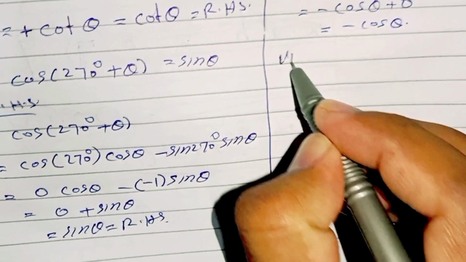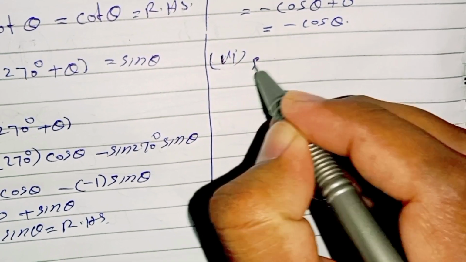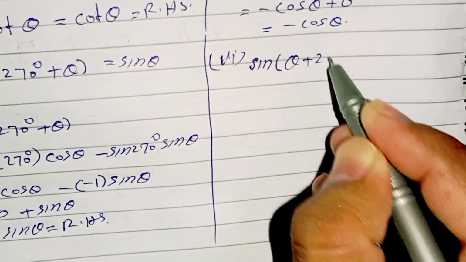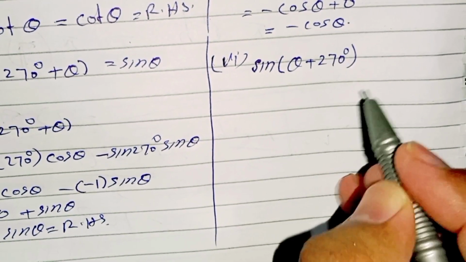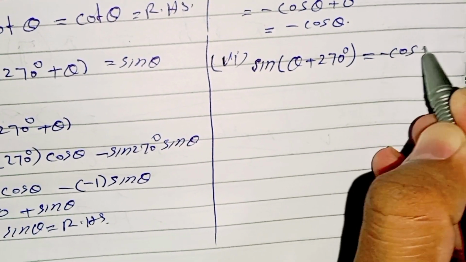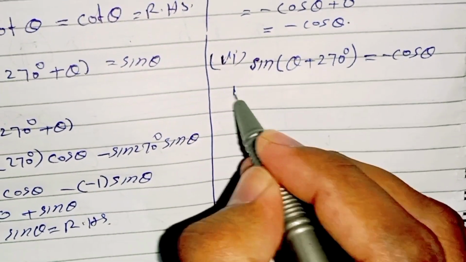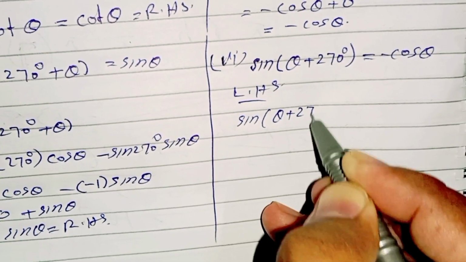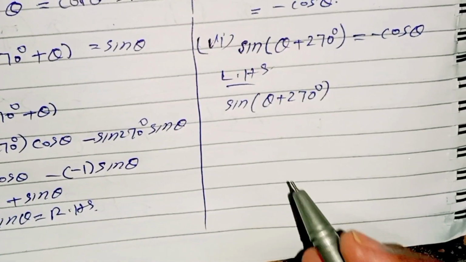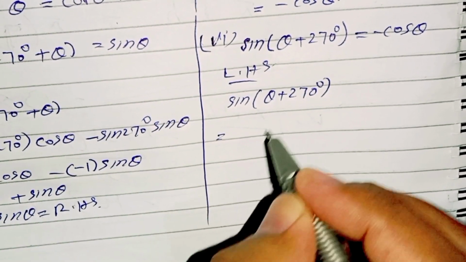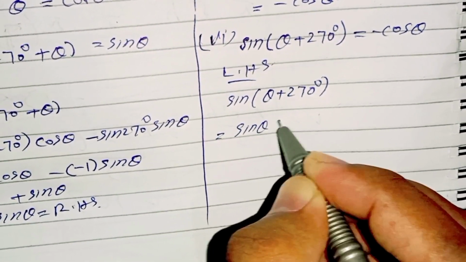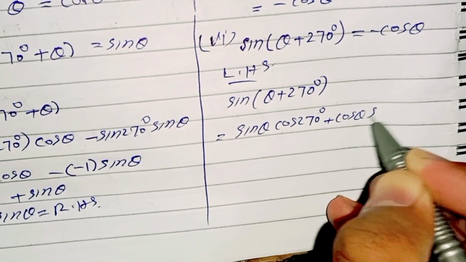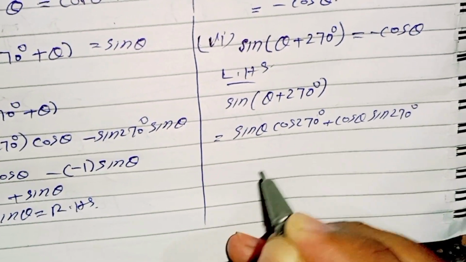Now we have part number 6 of question number 1. Sin(theta plus 270 degree) is equal to minus cos theta. Taking left hand side, sin(theta plus 270 degree), we use the formula sin(alpha plus beta): sin theta cos 270 degree plus cos theta sin 270 degree.